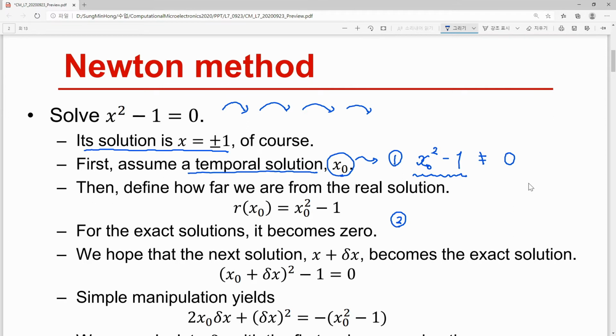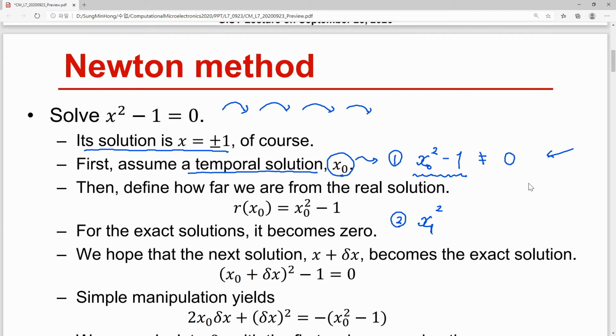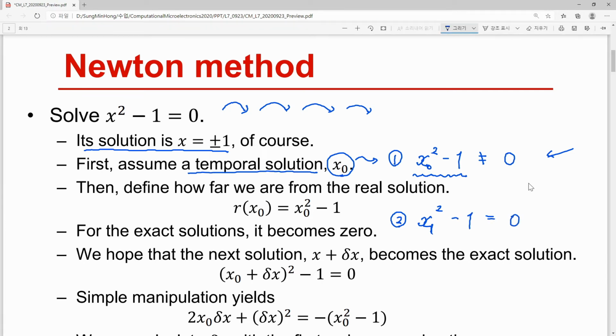So instead of this unsuccessful equality, why don't we say we want to make it x1 squared minus 1. Here x1 is a more improved solution than x0. Then let's just say this happens to be x1 satisfying the equality. This is our hope.